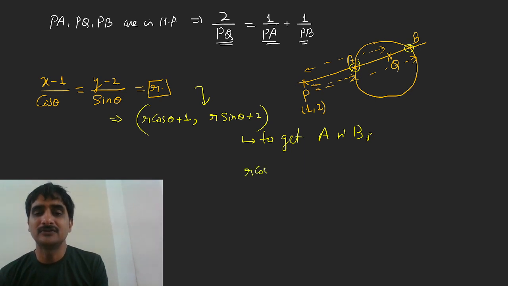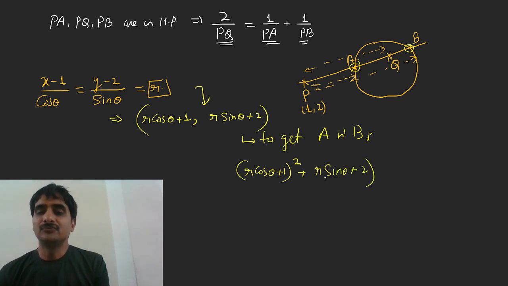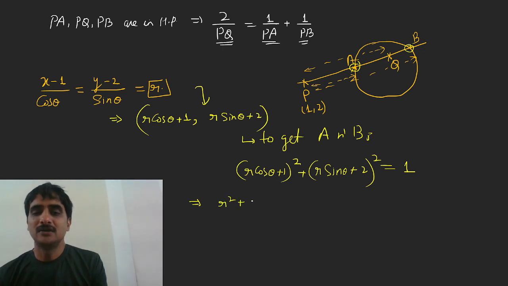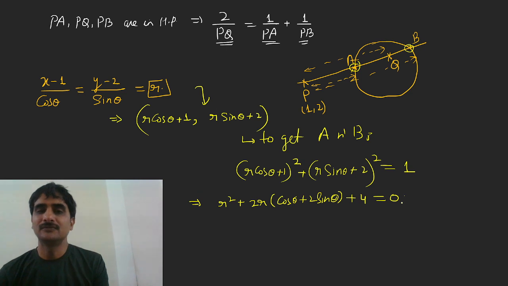So (r cos theta plus 1) whole square plus (r sin theta plus 2) whole square is equal to 1. Now simplify it. So what do we get? r square, plus 2r times (cos theta plus 2 sin theta), and 4 plus 4, I suppose, isn't that? Plus 4 equal to 0.